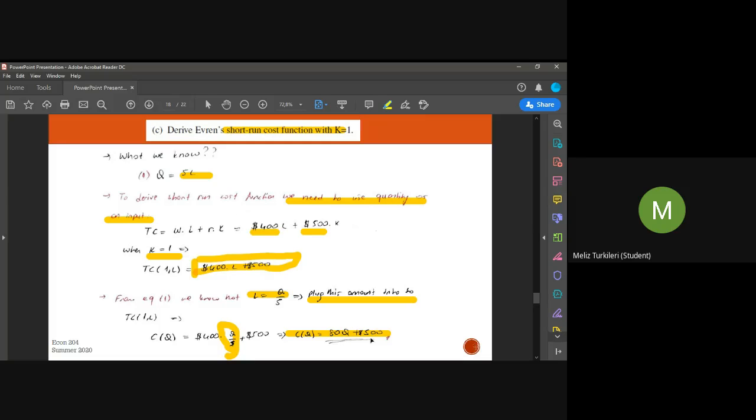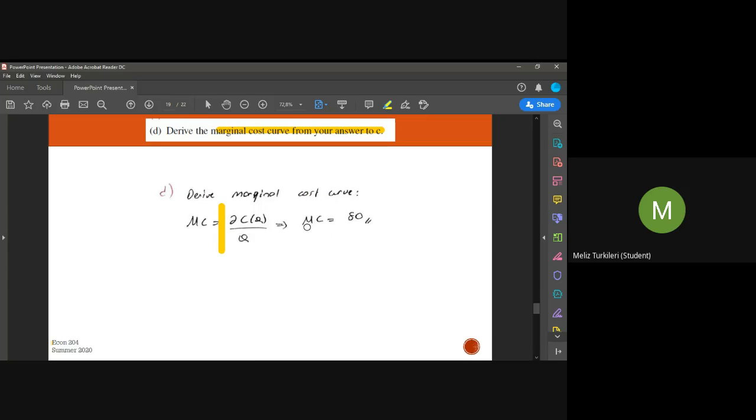From this part, you get zero because it's not related to the quantity, it's a constant. Therefore, the derivative of it will be zero. And you are going to get 80 from the first term, okay? And then you can argue that the marginal cost curve is equal to 80. It is just a straight line. That's all.